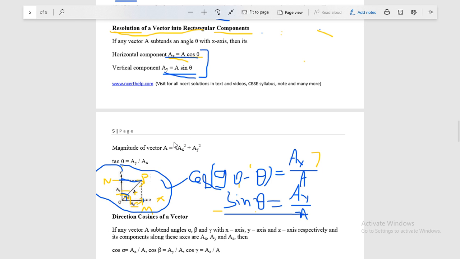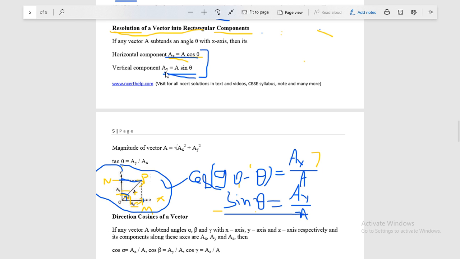So if you understand these things, we can find out the value of tan theta if the components are known. So suppose components are known and you want to find out the value of the vector A, then you can use these equations, and after squaring these two equations and adding them together, you will get from here AX square is equal to A square cos square theta.